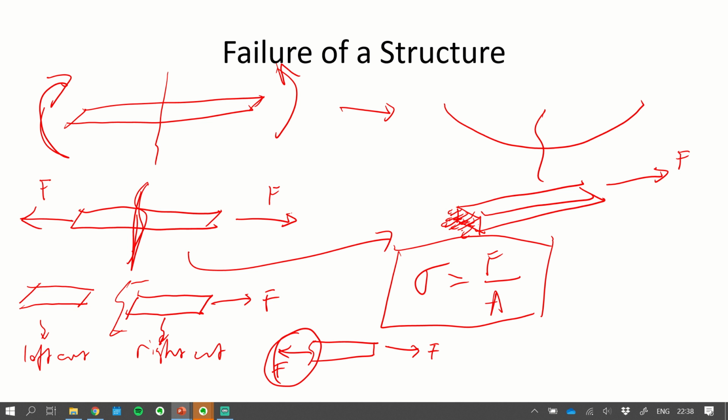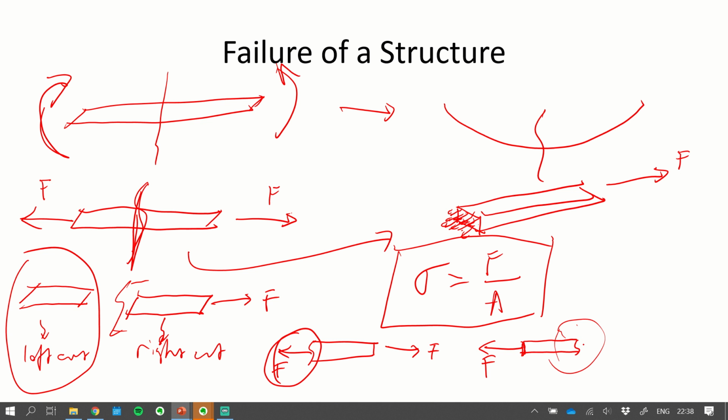The same thing for the left cut. If I want to draw it, it's something like this. There is an external force to the left. Then we have to find the internal force happening at this side in order to make everything in equilibrium.